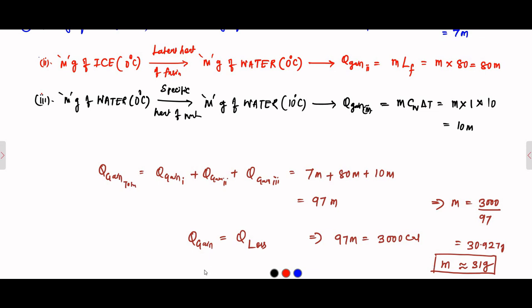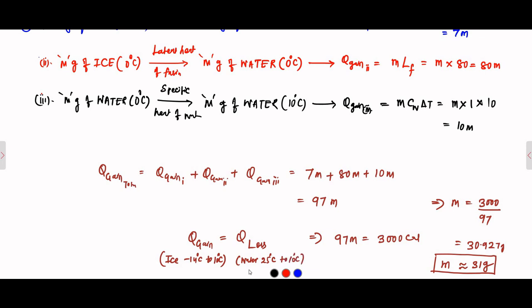Okay, so again I am highlighting here, this heat gain is ice undergoing transition from minus 14 degrees Celsius to 10 degrees Celsius, and this loss is in water undergoing transition from 25 degrees Celsius to 10 degrees Celsius.